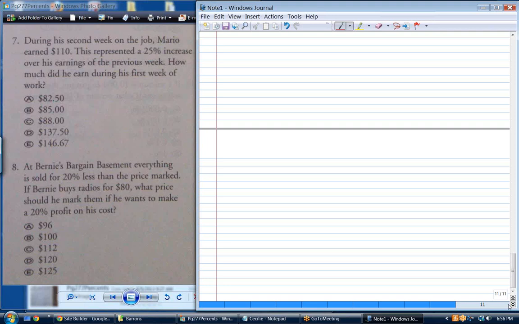Okay. So he wants to make $16 profit. But he also wants to sell it for 20% less than the marked price. So you both want to sell it 20% less than the marked price and make a $16 profit, right?